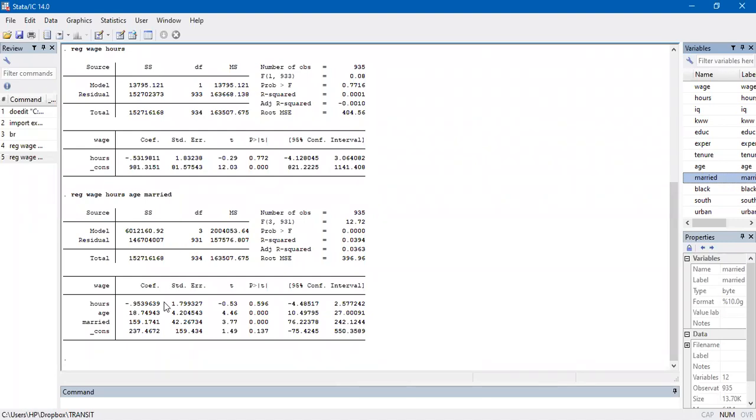All right. So first, let's report this model. If you want to report this, it will be wage equals the constant, 237.4672, minus 0.95 hours, plus 18.7494 age, then 159.1741 marriage.